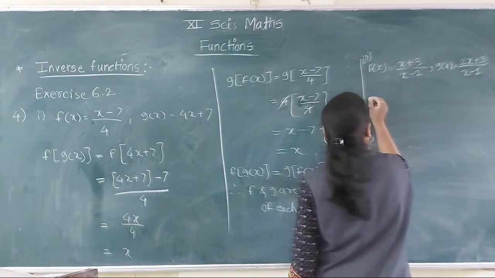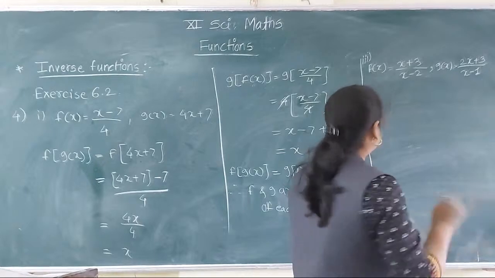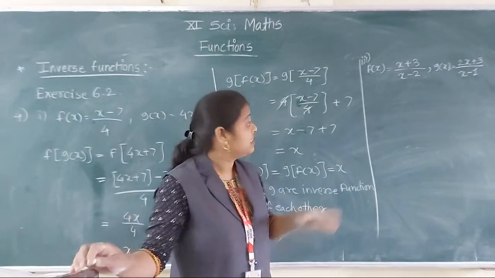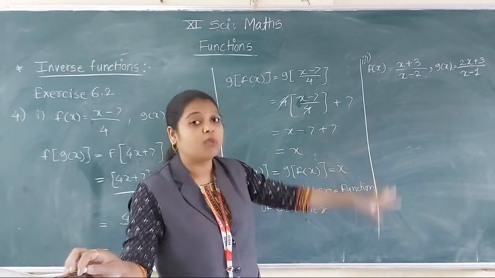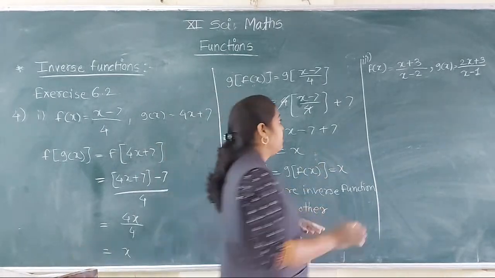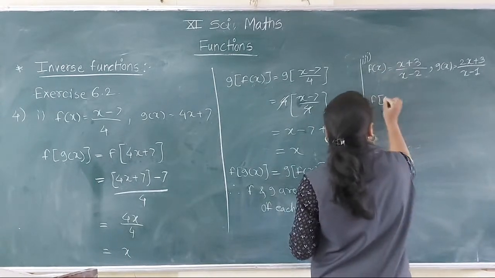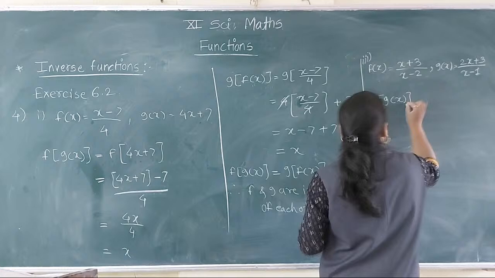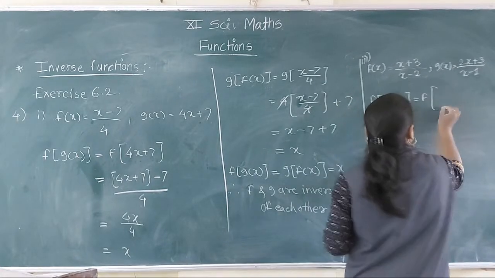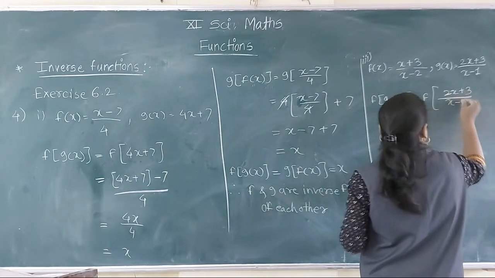सो इथे काय करावं लागेल? पुन्हा अशाच पद्धतीने f आणि g हे एकमेकांचे इन्व्हर्स फंक्शन आहेत का हे चेक करण्यासाठी आपण काय करावं लागेल? f of g of x is equal to x and g of f of x is equal to x हे दाखवावं लागेल. सो फर्स्ट ऑफ ऑल f of g of x म्हणजे f of 2x plus 3 upon x minus 1.